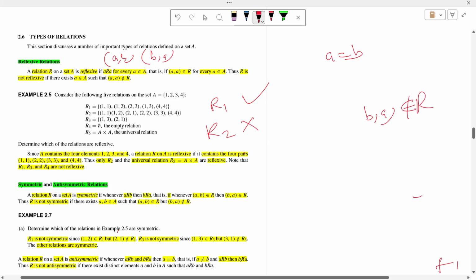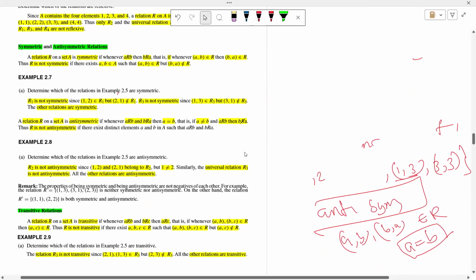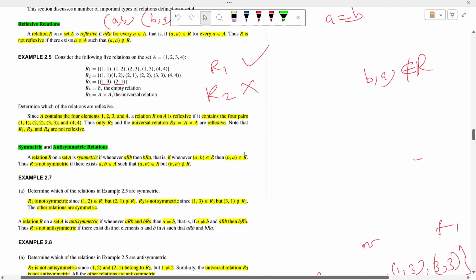If you look at R3, this is not antisymmetric. Why? There is no 1 1 or 2 2 or 3 3 or 4 4. Because of that, R3 is not antisymmetric.